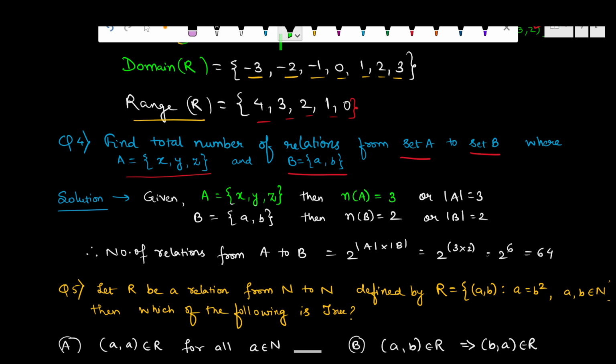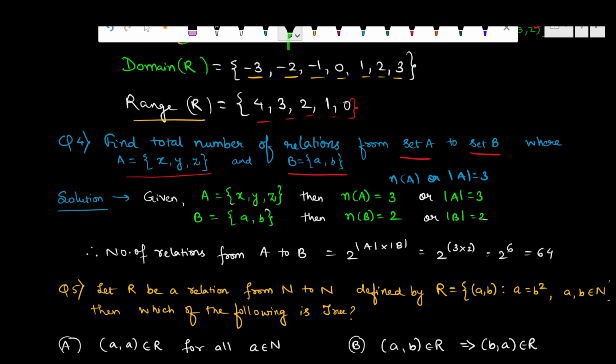We denote the cardinality by n(A), or like this. Both have the same meaning, right? So the cardinality of A is 3. Similarly, the cardinality of B is 2, since B contains 2 elements only, a and b, right?